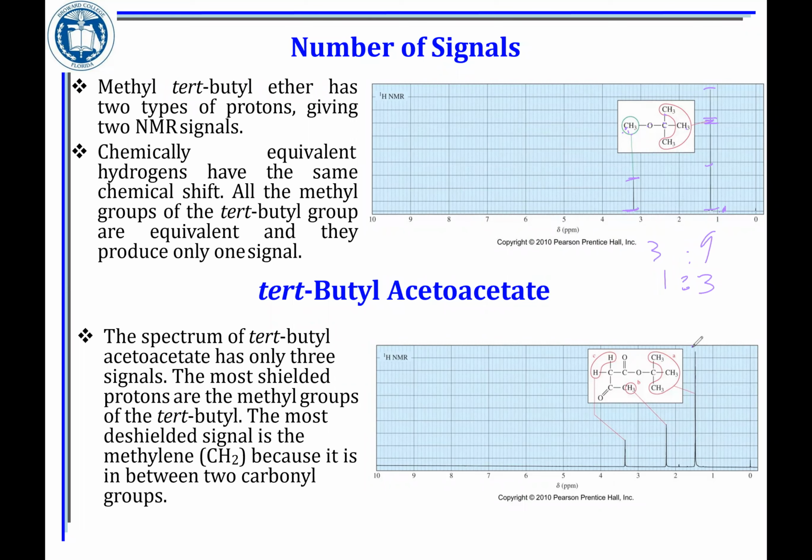So when you look at the molecule, first of all, you need to recognize how many different types of hydrogens you have. Let's say you have a simple molecule that is CH2, CH3. How many different types of hydrogen do we have in this molecule?